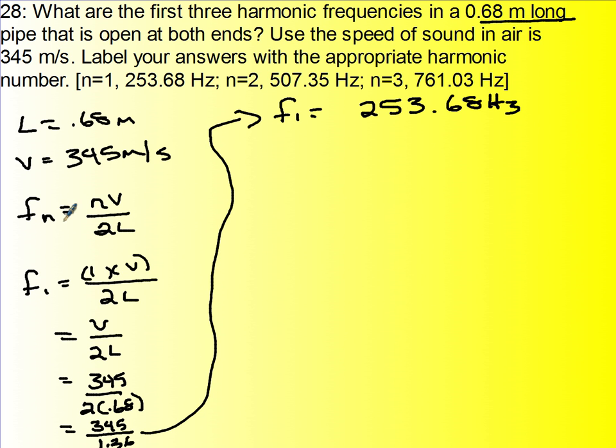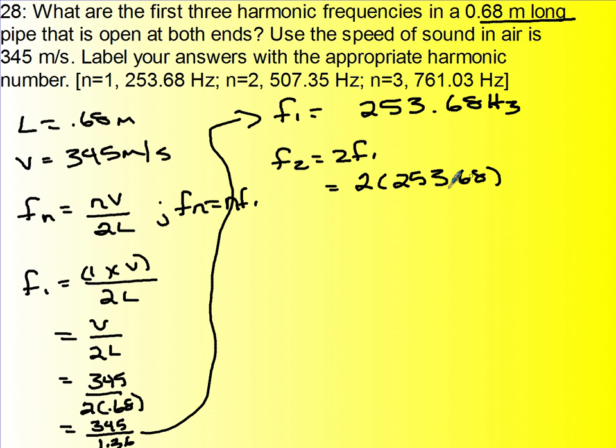Now I can go back through and plug into here for the next couple, but let's not. Let's do F2 is 2 F1, because I know, where's my formulas? Fn is n F1. All right, so this is 2 times 253.68. See, this is a much easier calculation. And I get F2 is 507.3 hertz.